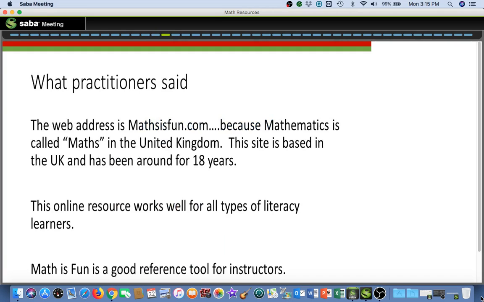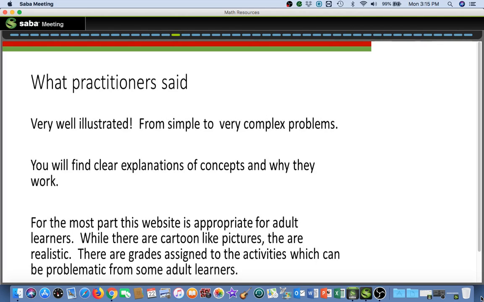Okay, comments from our participants. There's the key thing. The web address is called Maths is Fun because in the United Kingdom, where this is based, they're called Maths. So that makes sense. It works for all types of literacy learners and is a great reference tool for instructors. Next slide. Thank you. Well illustrated, from simple to complex, a great range of mathematical resources.